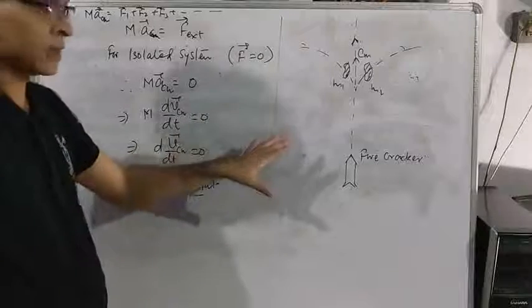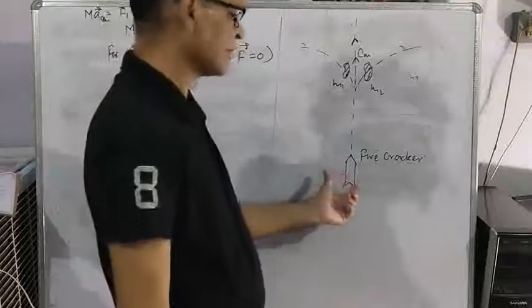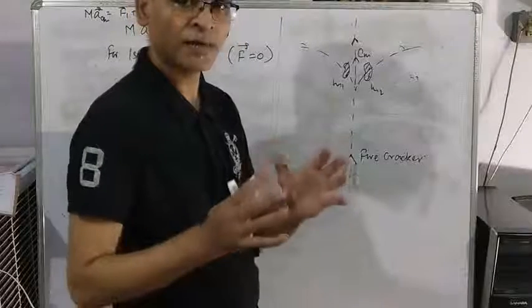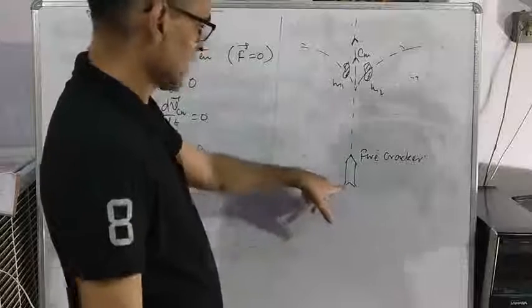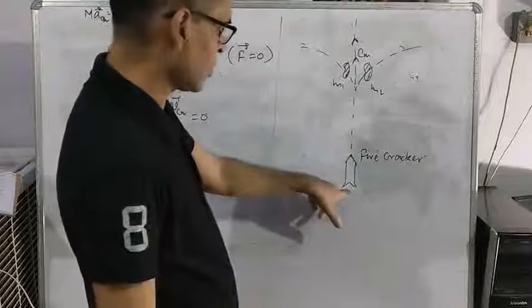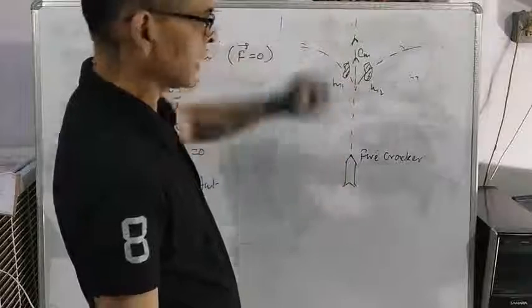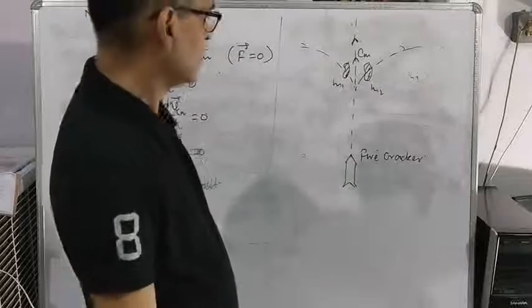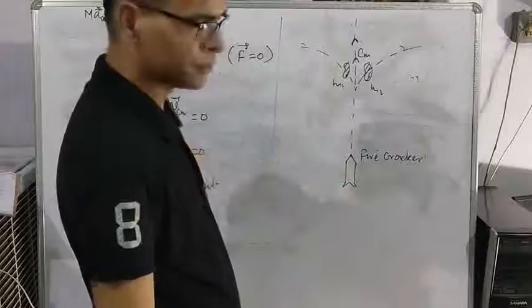Let us understand this by one example. You might have seen a firecracker in the form of a rocket. Suppose this firecracker goes up in this straight line. So this is the direction of velocity of center of mass of this body.